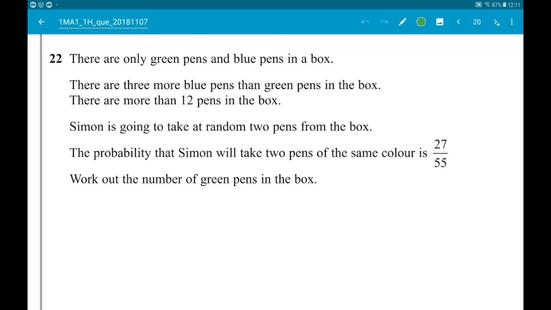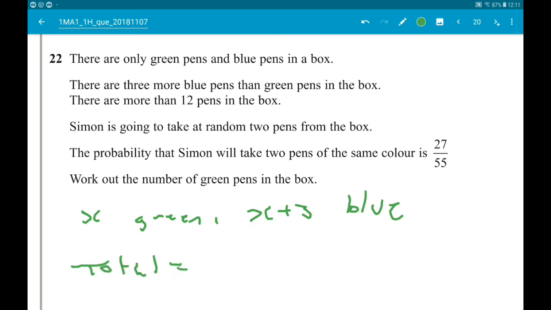So let's say there are x green, then there are x add 3 blue. Then we know the total is 2x add 3.